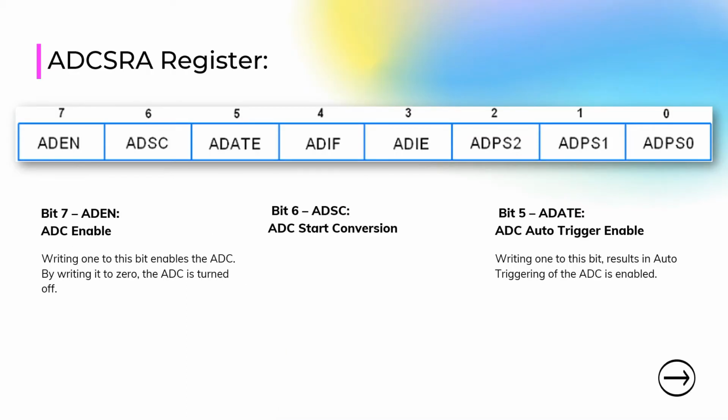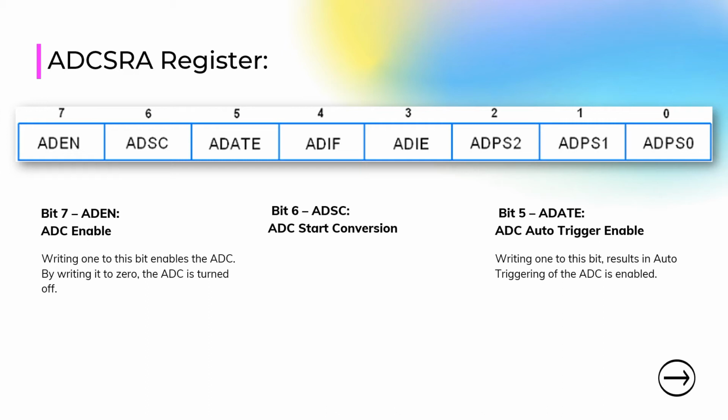Okay, so another very important register when it comes to ADC is the ADCSRA register. This is used to control and regulate the actions which are done through the ADC. It has 8 bits as usual, and each bit is used to start or regulate something related to the ADC.